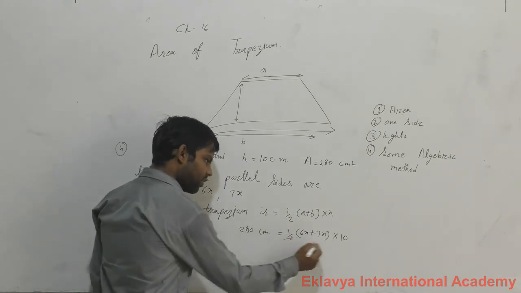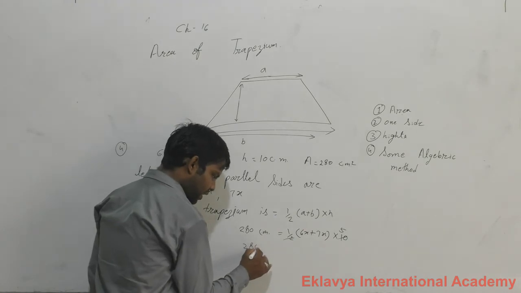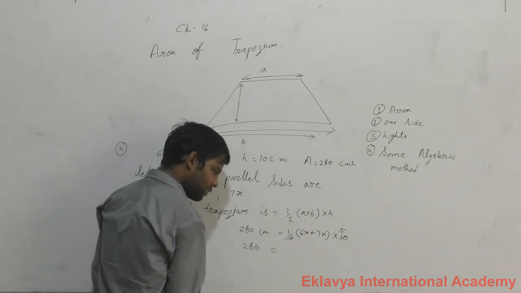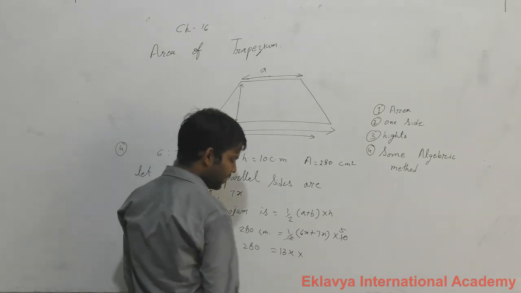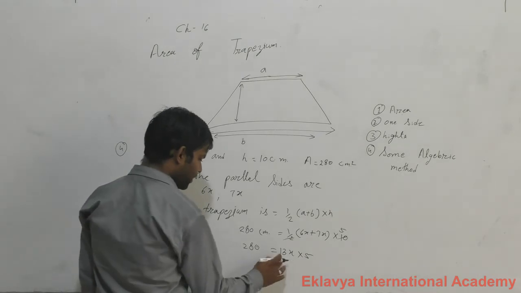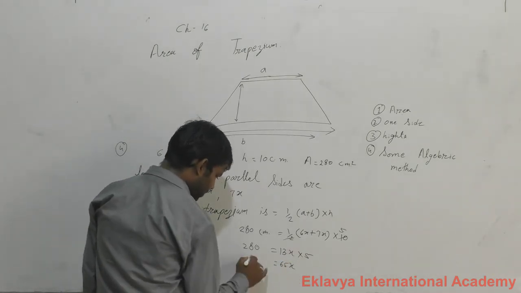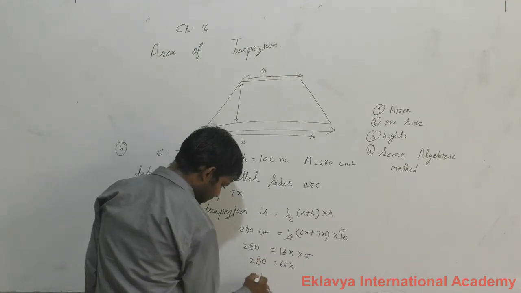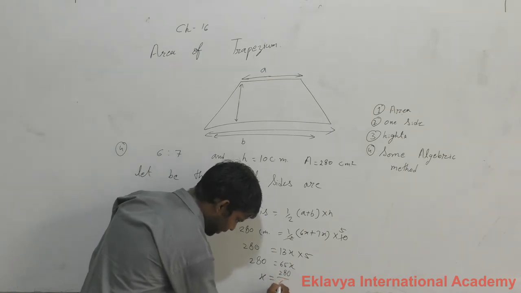Then cancel out 2 to 10, 5 times. 280 is equal to 6 plus 7, 13x multiplied by 5. So 13 5 ja 65x, on that side 280, x is equal to 280 divided by 65.